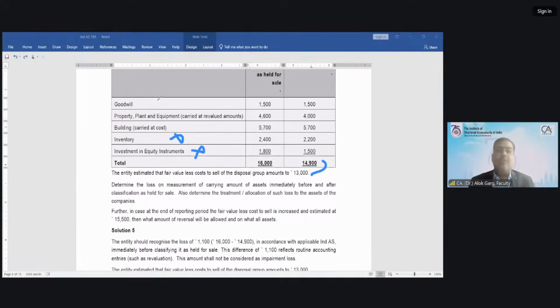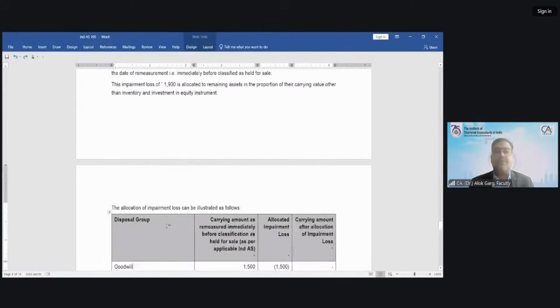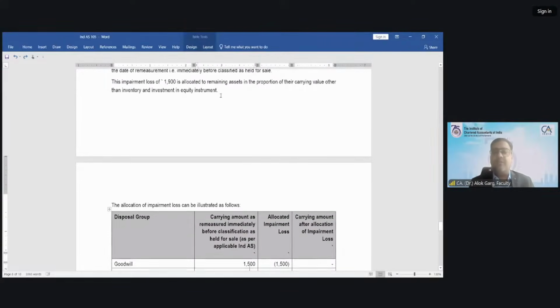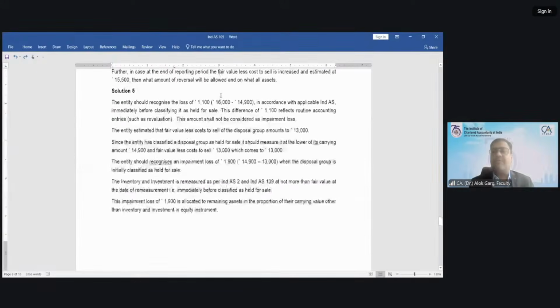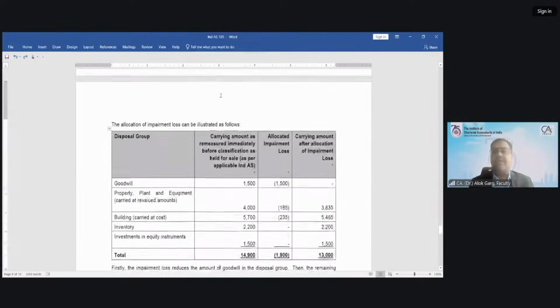So goodwill, of course, you will allocate the impairment loss. PPE, you will allocate the impairment loss. Building, you will allocate the impairment loss. Correct? So this is what you will do. And now going back to the question further, the answer further. So the impairment loss of 1,900 is allocated to the remaining assets, right? What was the impairment loss? From 14,900 it became 13,000, so 1,900 impairment loss.